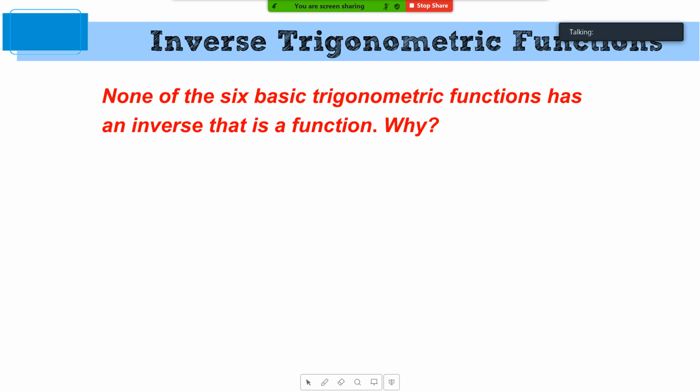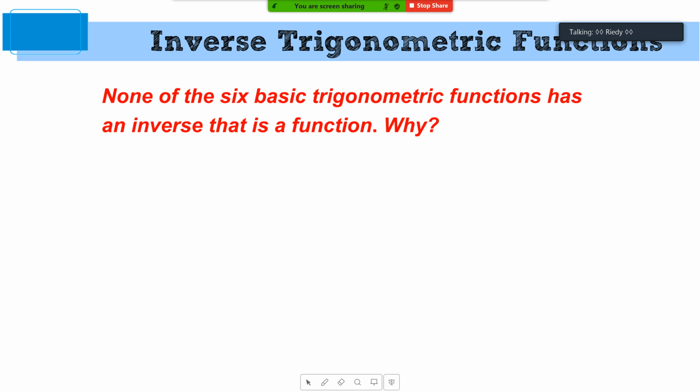Why are the inverses of trig functions not also functions? Because they don't always increase or decrease. Good. Fancy term for that? Monotonic. Strictly monotonic, which means it doesn't pass the horizontal line test, which means it's not one-to-one, etc.